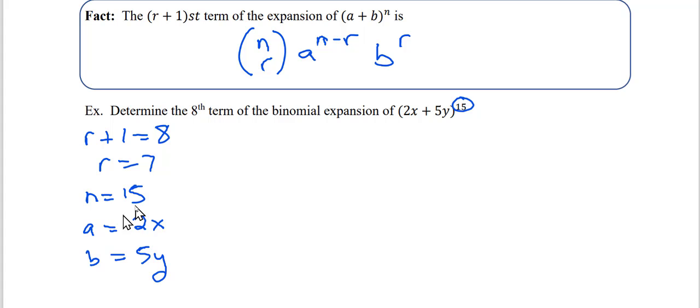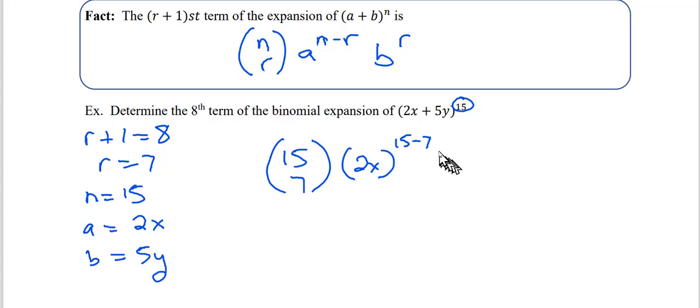And we just plug that into the formula. 15 choose 7. A is 2x to the 15 minus 7. B is 5y to the 7th. Make sure the r's all match, 7, 7, 7, and they're one less than the term you're looking for. And then whatever's in this position is your A. Whatever's in that position is your B.